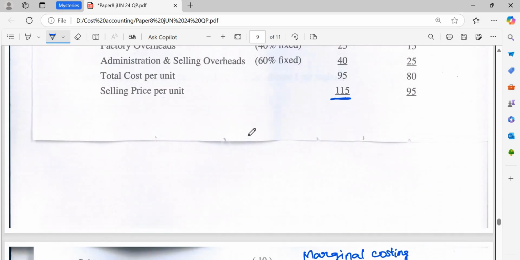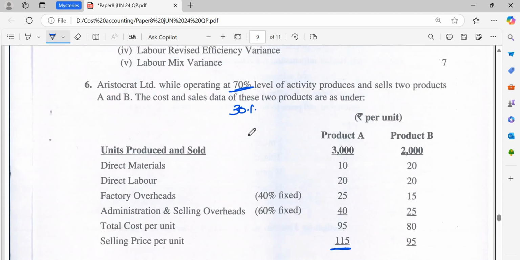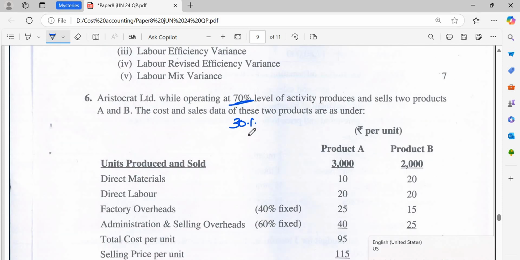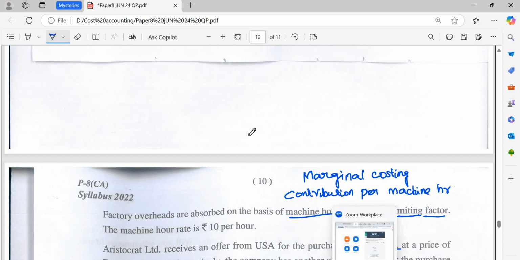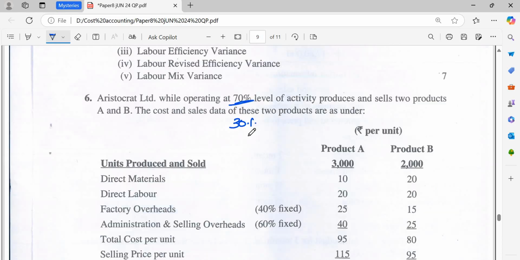So how many machine hours do I have? Do I have any clue? No, I don't have any straight information, but I have some clues. That is, factory overheads are absorbed based on machine hours, and they have given the machine hour rate as 10 rupees per machine hour, right? So here I have factory overheads as 25 rupees and 15 rupees.